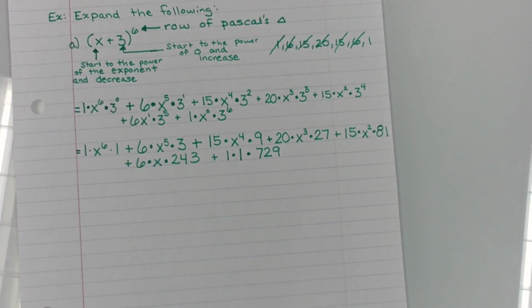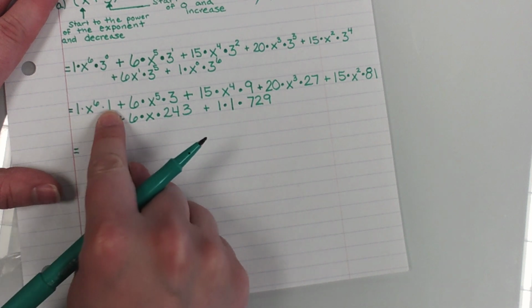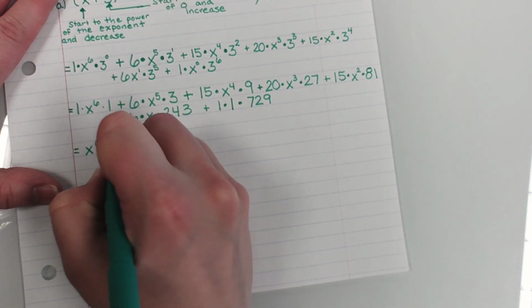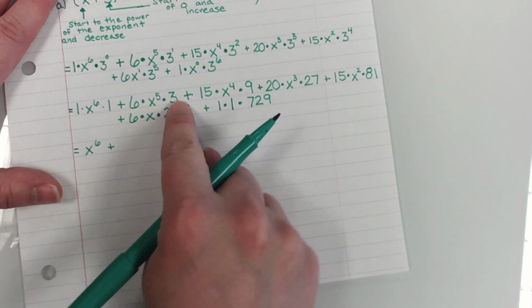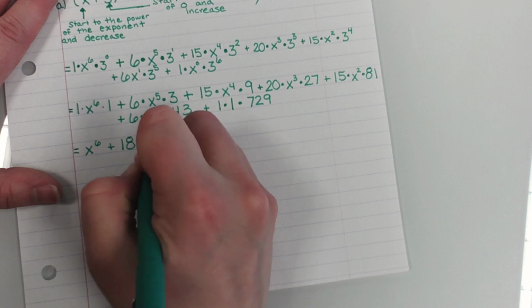So, make sure you're following PEMDAS in your simplifying. I tend to do the exponents and the multiplication separately because if I don't, that's when I tend to see issues pop up. One times x to the 6th times 1? x to the 6th. Plus 6 times x to the 5th times 3? 18x to the 5th.